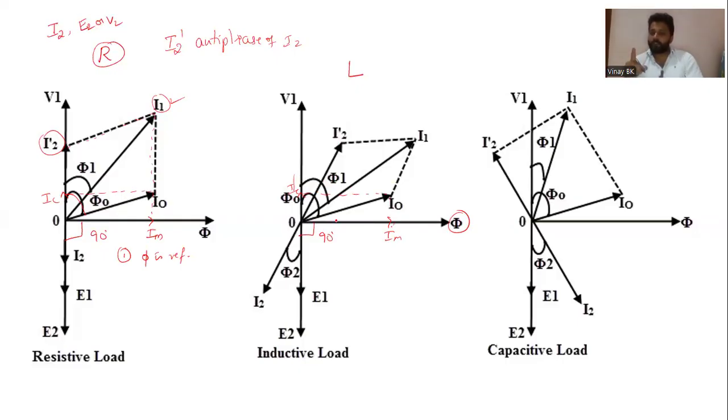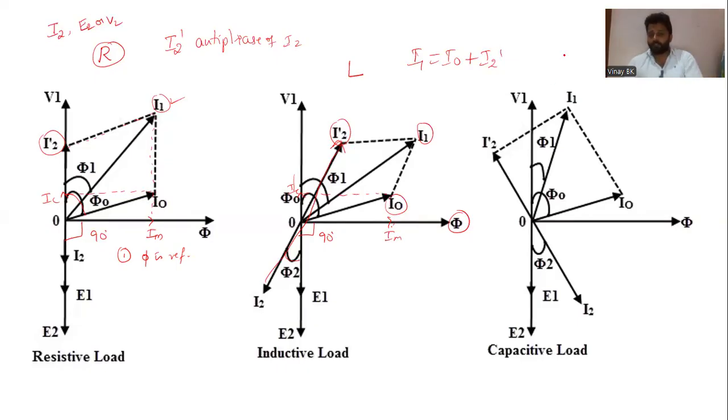Now the load is inductive, so I2 lags E2 at an angle of phi 2. If you want to get I2 dash, antiphase of I2 is I2 dash. Hence, if you add I0 and I2 dash, you'll get the value of I1. So I1 is the primary current, which has two components: the no load current component plus the full load current component. Whereas I0 has two components: one is Ic, the other one is Im.